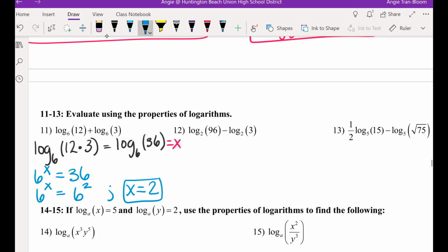Okay, 12. Why don't you try that? And I'll call you in 2 minutes this time. Yeah, have a calculator out. Good idea.